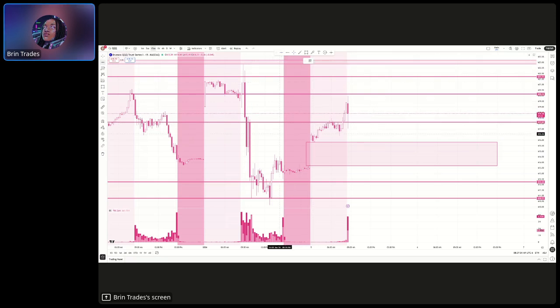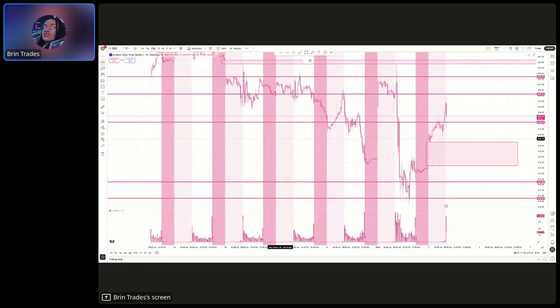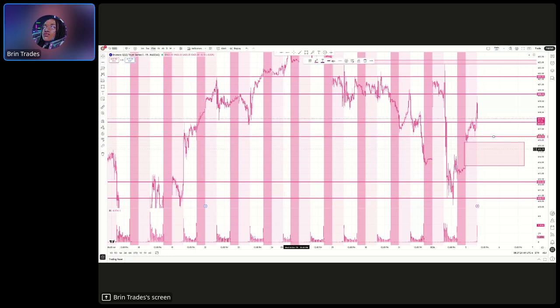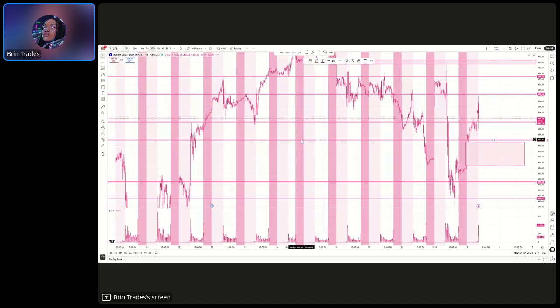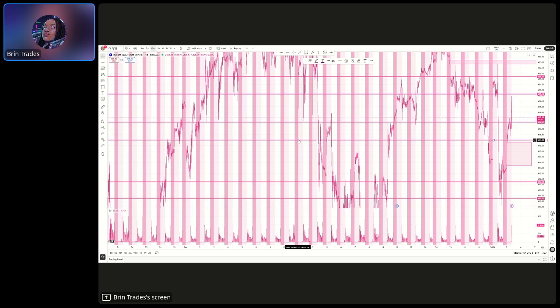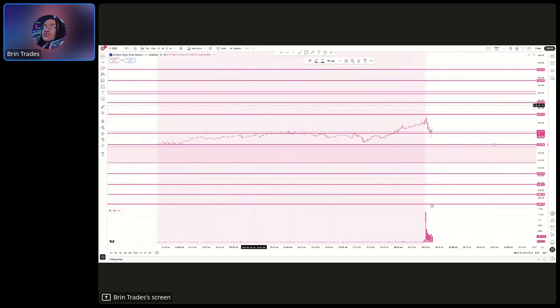I would have had a price target here, and I would have been stopped out, exactly. That is the first price target, though.